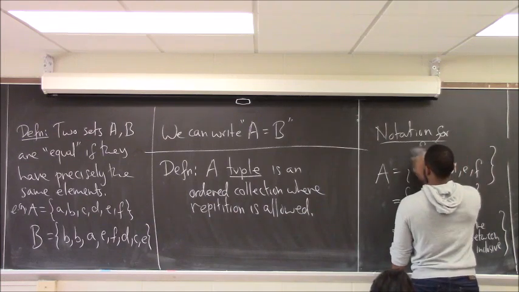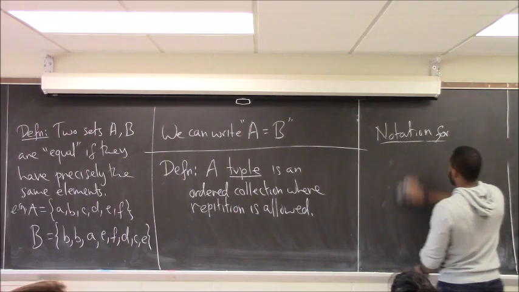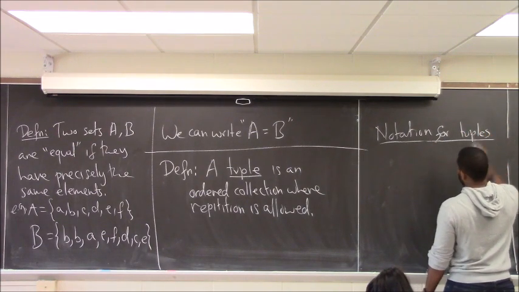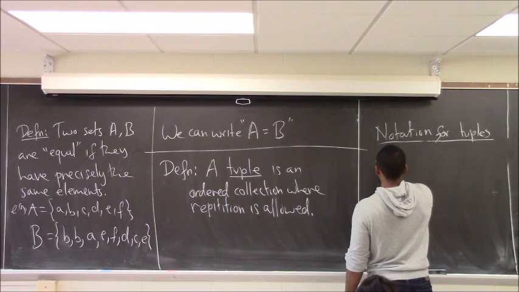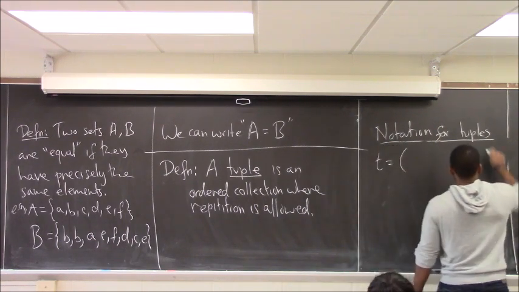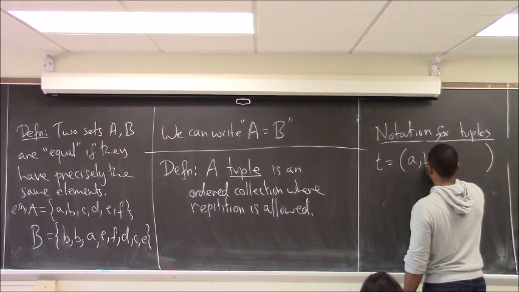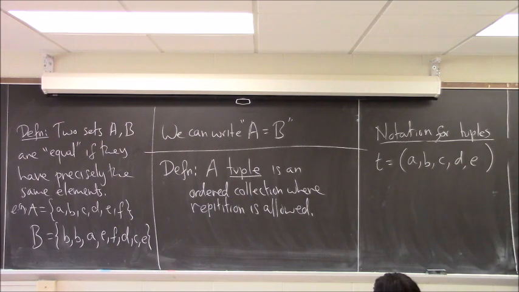Notation for tuples. They look like coordinates. So I can also give them a name, and I just use regular parentheses, and I can list the elements here. Order matters and repetitions are allowed.